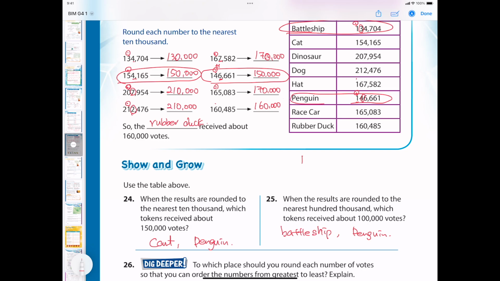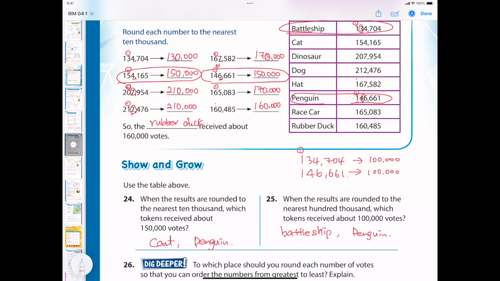For example, the battleship is 134,704, and the second one is 146,661. We already rounded these to the nearest 100,000. They are going to change to what? 100,000, right? Both, because we are going to round down. So it's not possible to compare at the 100,000s place. What about the 10,000s place?